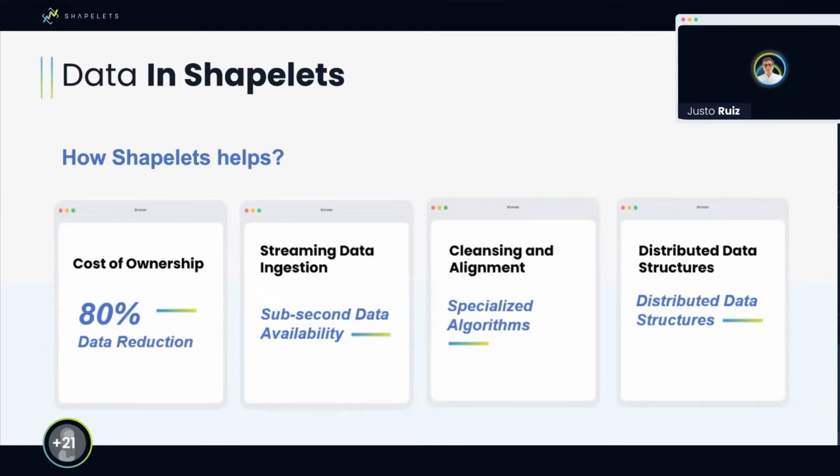This has led us to fantastic streaming capabilities where we can make data available in a sub-second way to your data scientists. So your algorithms can consume the streaming data with extremely low latency. And obviously, we have increased the algorithms that we have in terms of data cleansing and alignment, especially temporal alignment for time series.